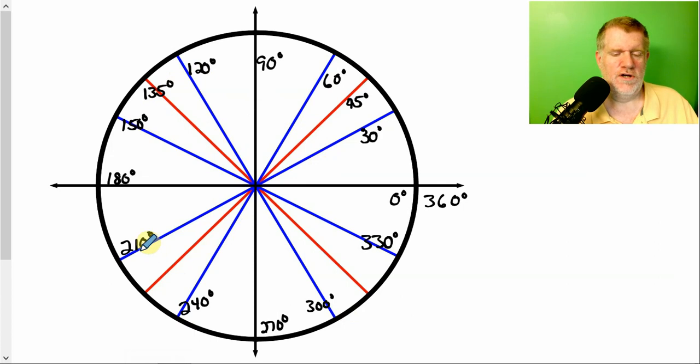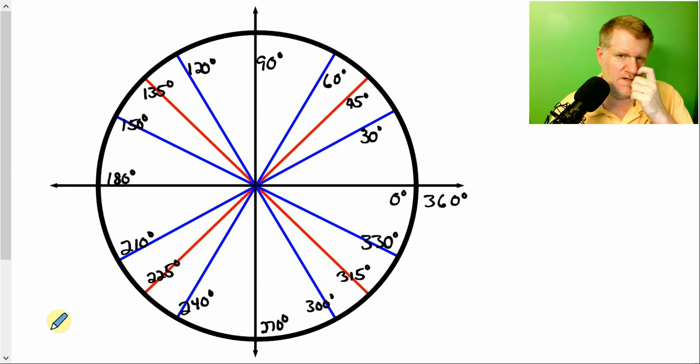So could I just add 15 and say that that's 225? Right? And 15 more is 240. 300 plus 15 is 315. So these are all part of the special right triangles. All of these are created by triangles and trigonometry.